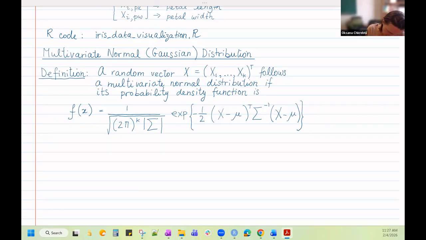Here, the mean vector mu is defined as the expectation of the random vector x.